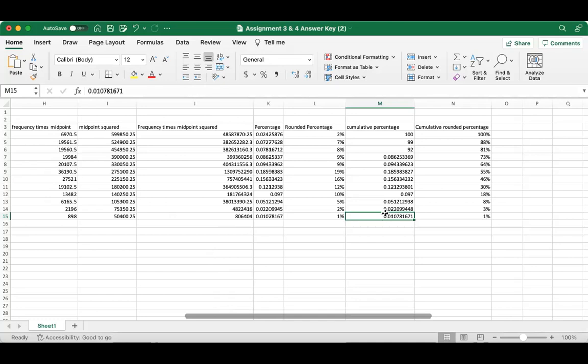Or we could say equals average, like this. Sum divided by the total number, or we could just highlight them and tell Excel to do it for us. And that would be the same exact mean with Excel.